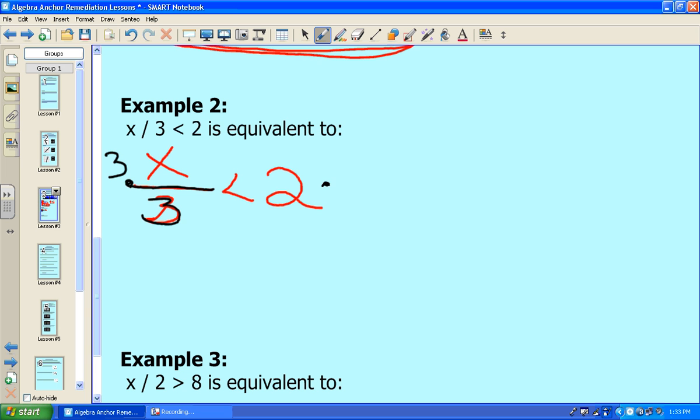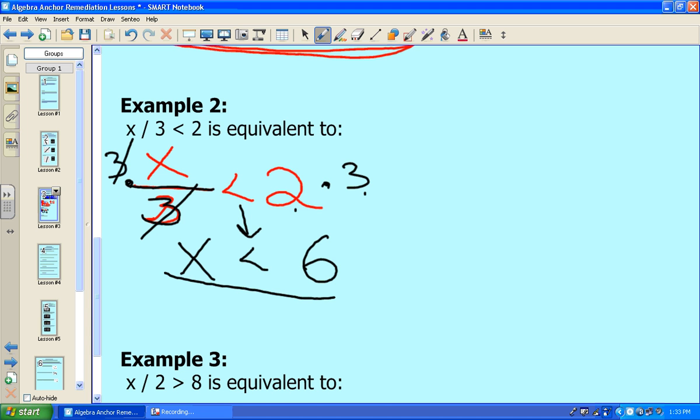Times 3, times 3 on both sides. The multiply by 3 and the divide by 3 cancel out, so you are left with x on the left side. Bring down your less than sign and multiply the 2 times the 3, which is 6. So your answer is x is less than 6.